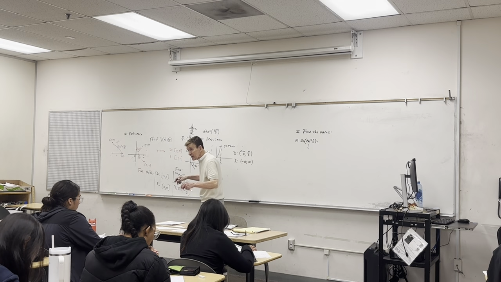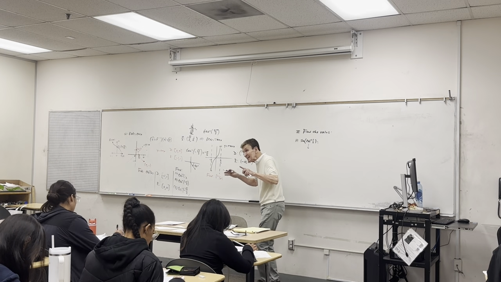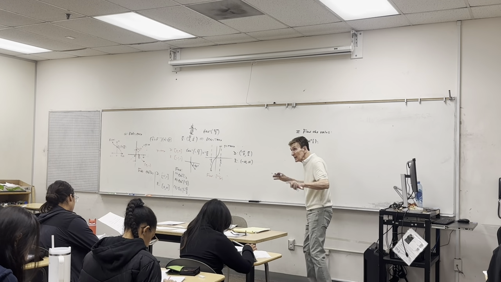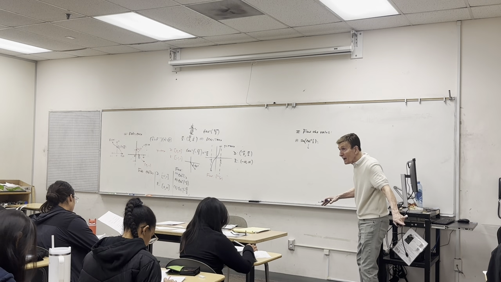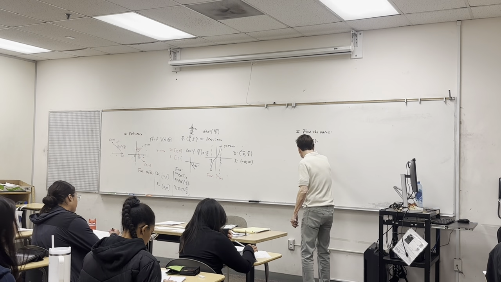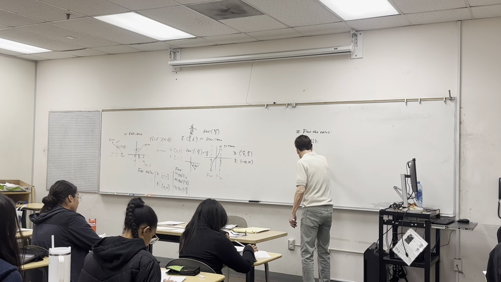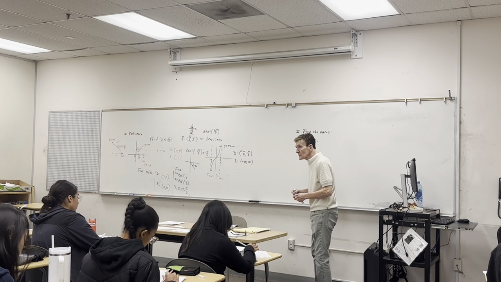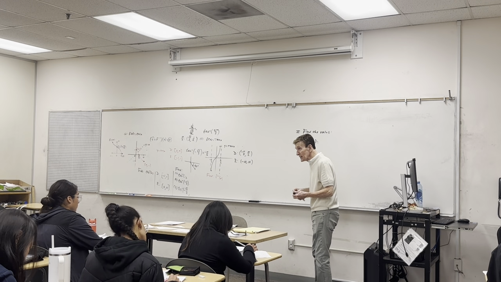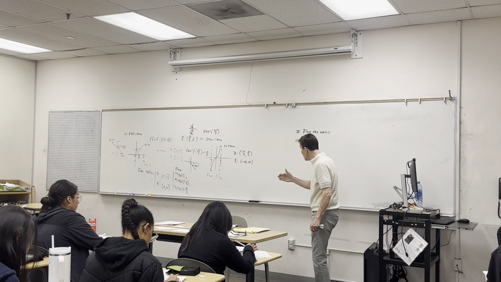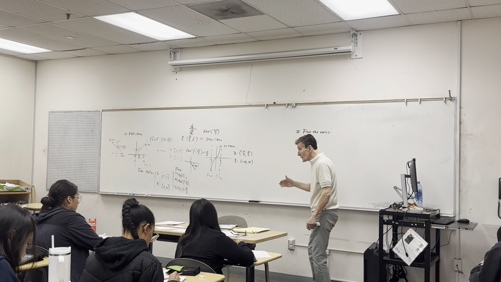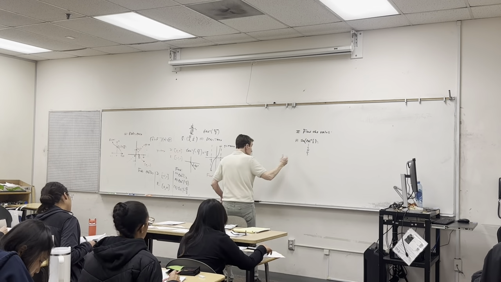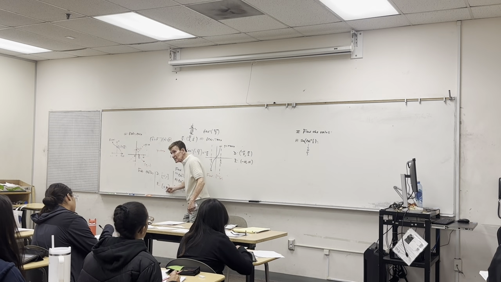Does anyone realize what angle it is whose x coordinate is 1/2? Pi over 3, 60 degrees for the inside part. You check the unit circle: the x coordinate, the cosine, of 60 degrees is exactly 1/2.